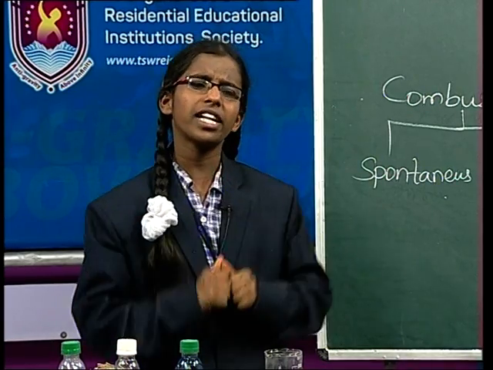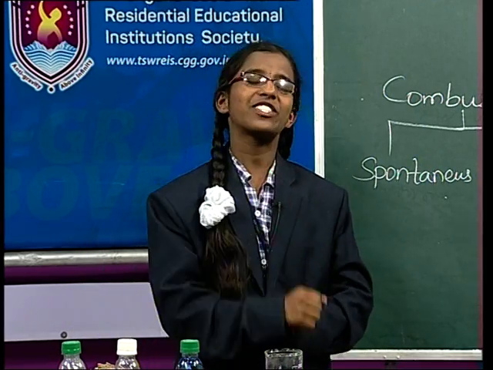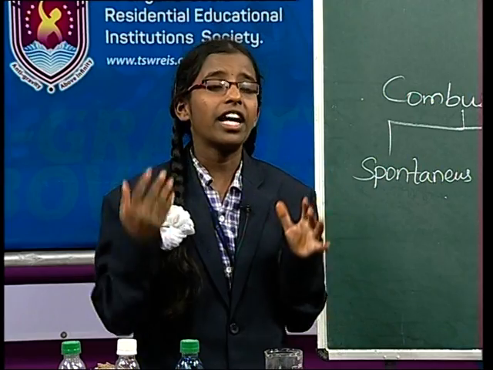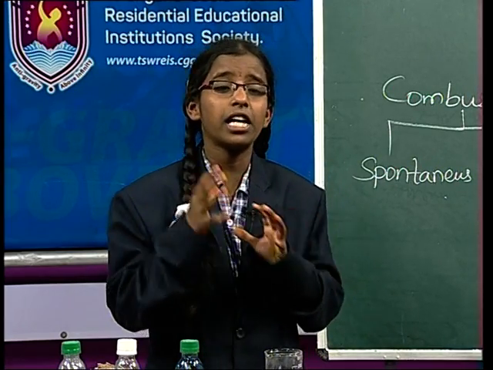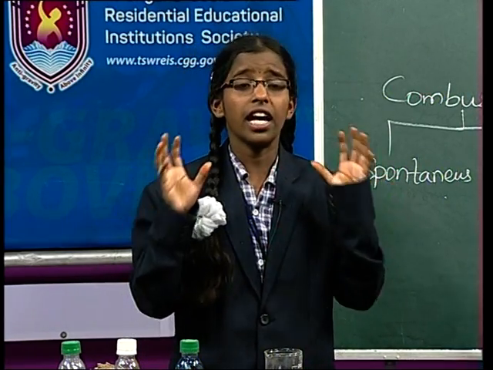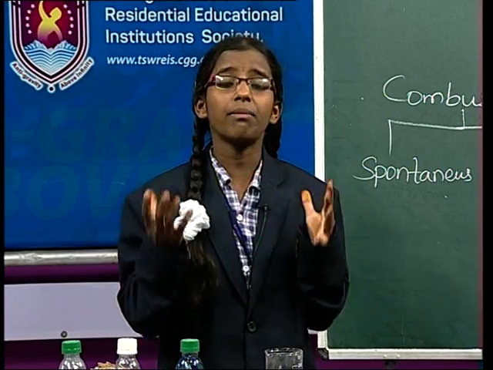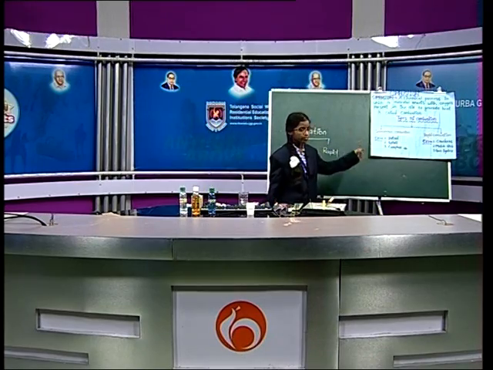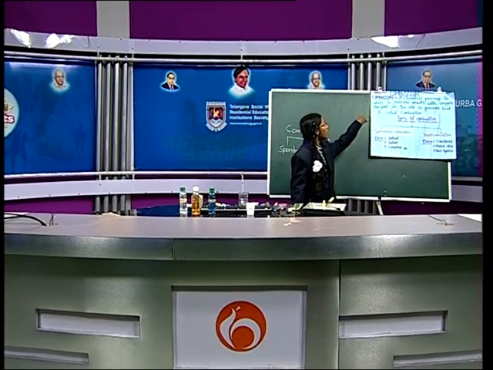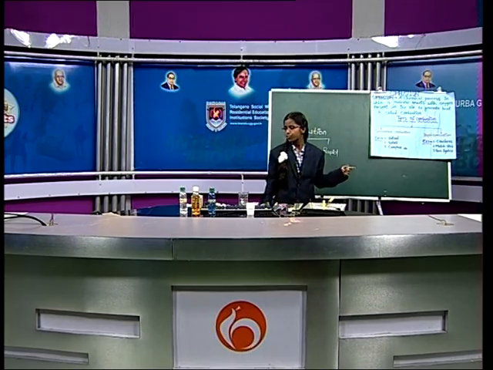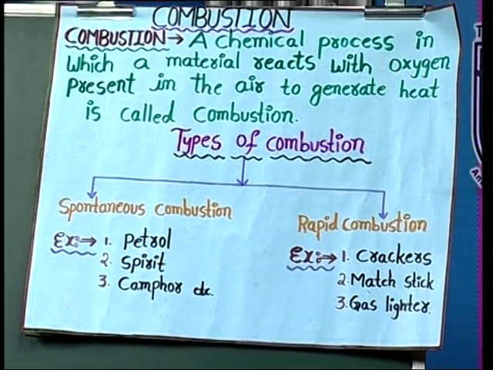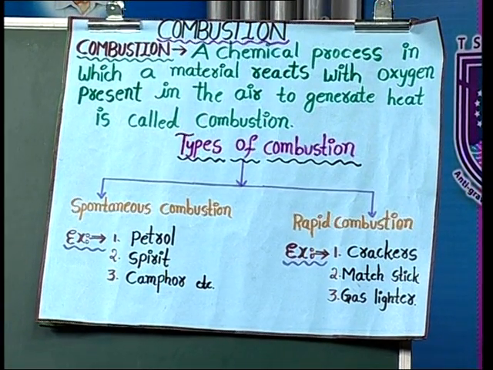Friends, what is spontaneous combustion? Yes, friends, you are right. Spontaneous combustion is a process in which a material burns suddenly. Combustion is a chemical process in which a material reacts with oxygen present in the air to generate heat.